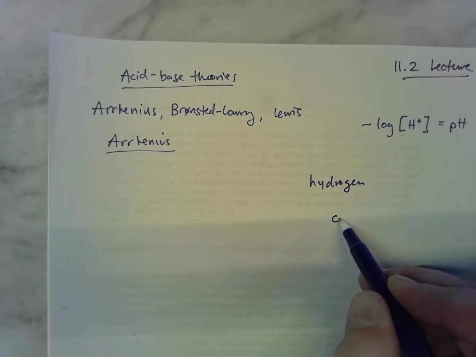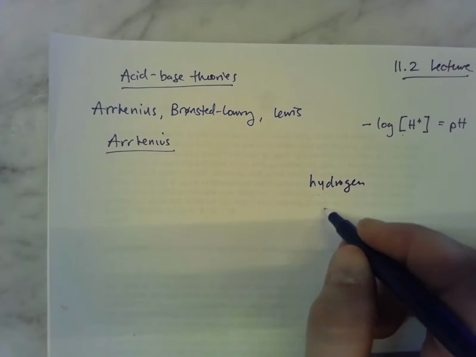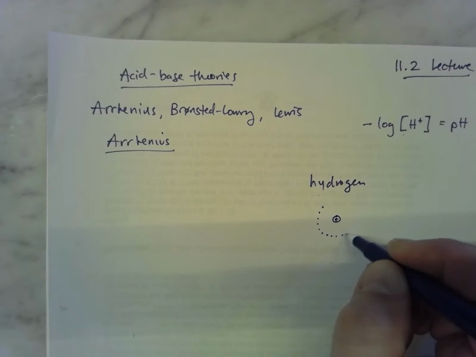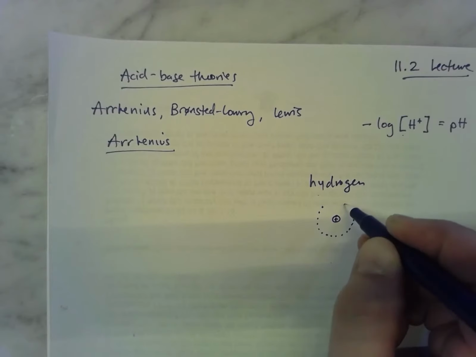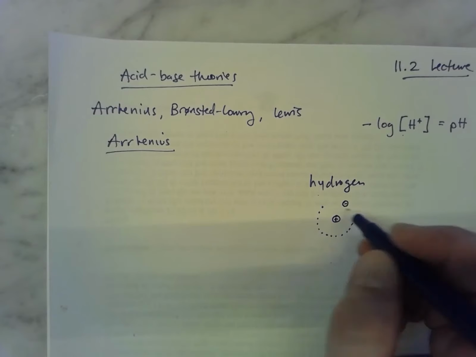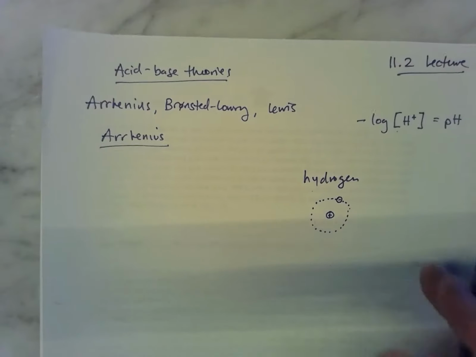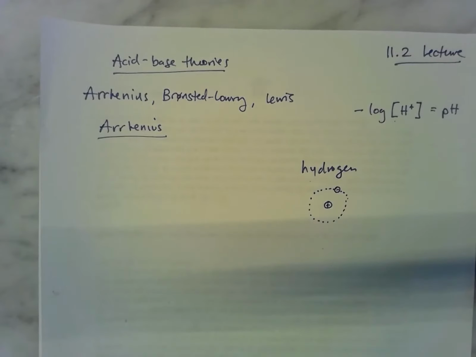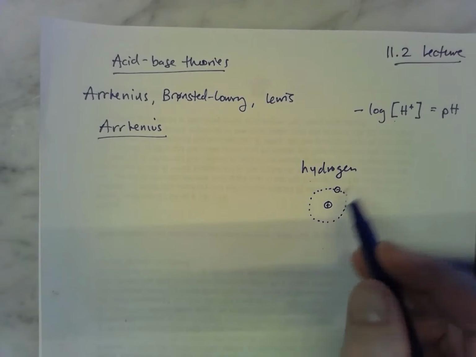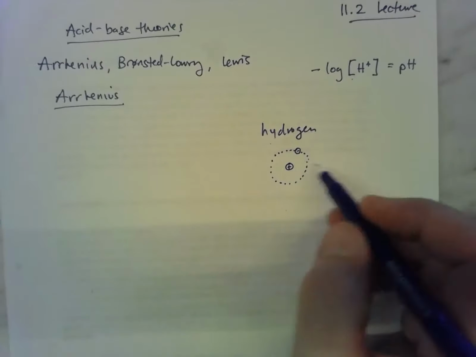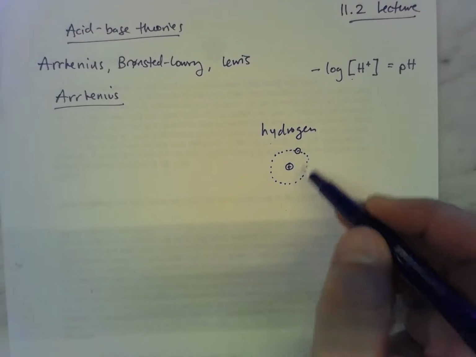We've got one proton in the middle, and even though it's inaccurate, it's going to help us remember. And we've got one electron orbiting. We know it's not orbiting, but you get what I'm saying. It's hanging out with that proton in the middle. So that's an electrically neutral hydrogen.